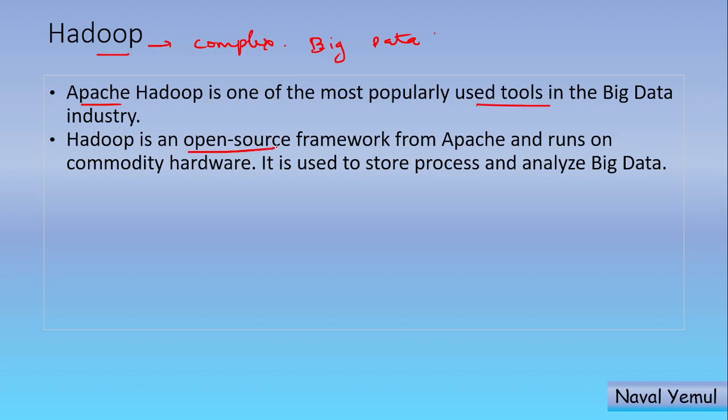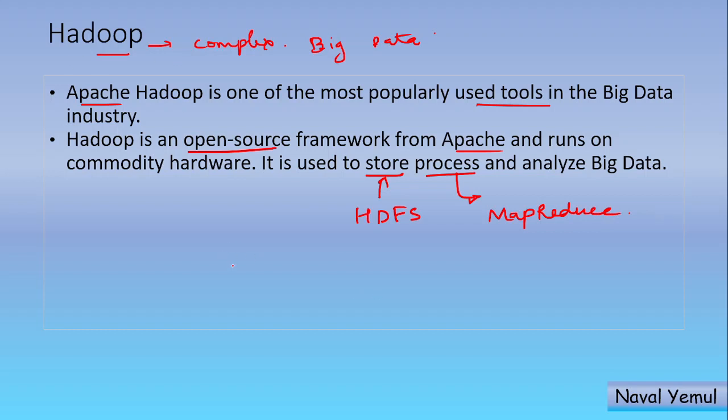It is an open source framework from Apache and it is used to store the data and to process the data. Data storage can be done using HDFS, that is Hadoop Distributed File System, and it can be processed with MapReduce. Those are the core components of Hadoop.